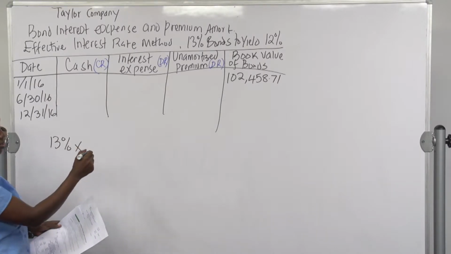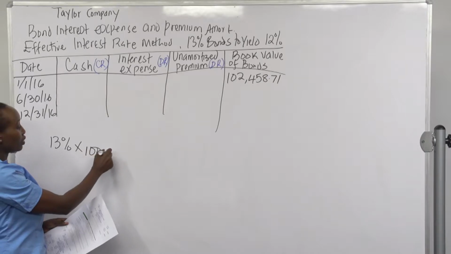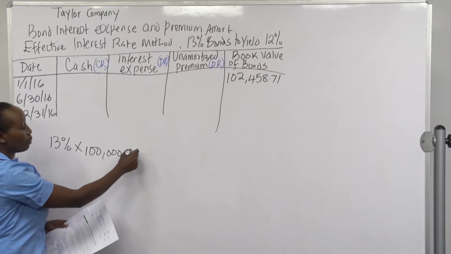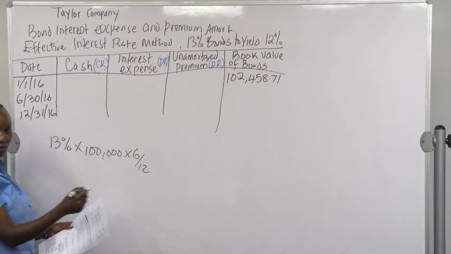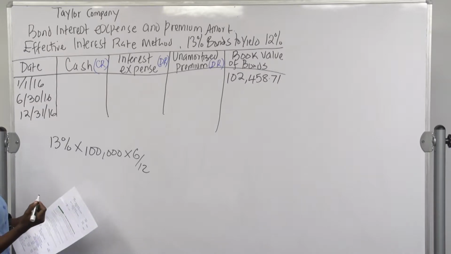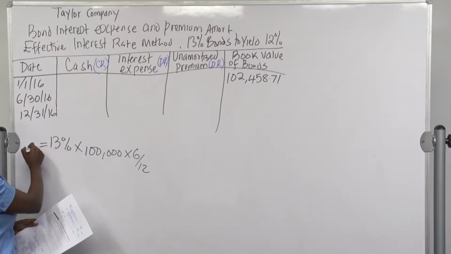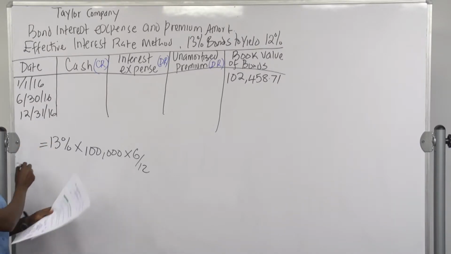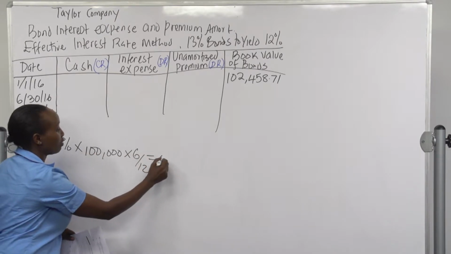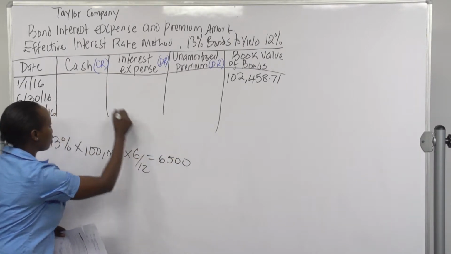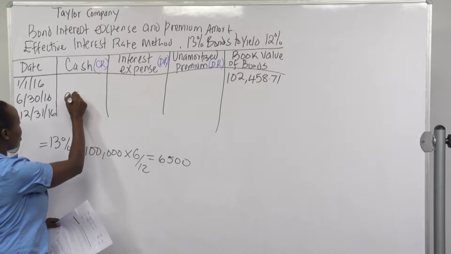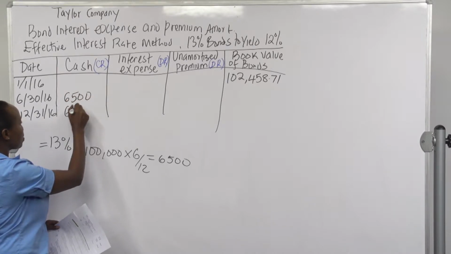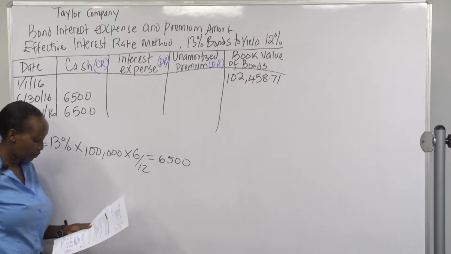multiplied by the face value of the bond, 100,000, and multiplied by 6/12 because we're doing this every six months. This gives us a total of 6,500 here, and 6,500 here.